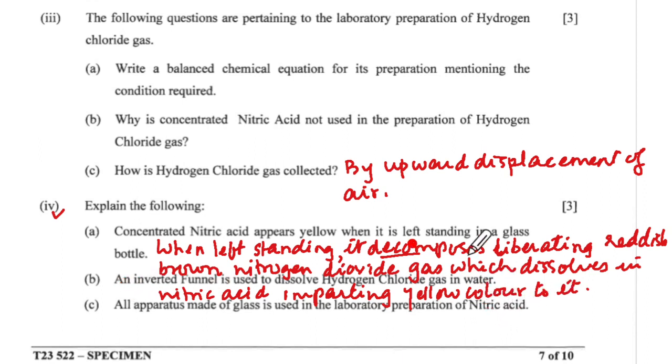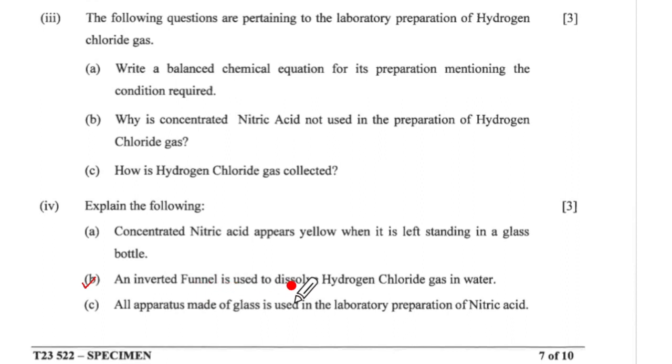Okay, let us come to B part. An inverted funnel is used to dissolve hydrogen chloride gas in water. Now the inverted funnel, what happens? HCl gas is highly soluble in water and it causes back suction, and the glass apparatus tends to crack because of the vacuum created. Now inverted funnel increases the surface area and minimizes or prevents back suction.